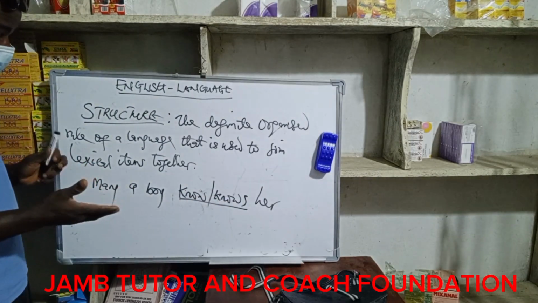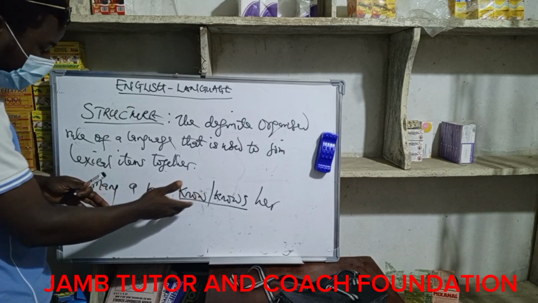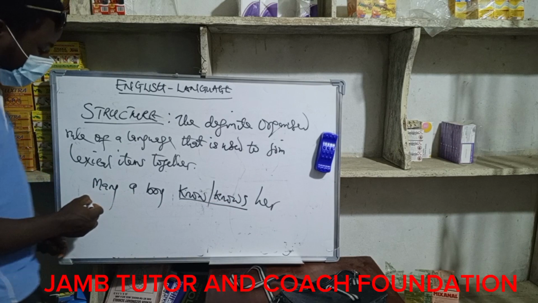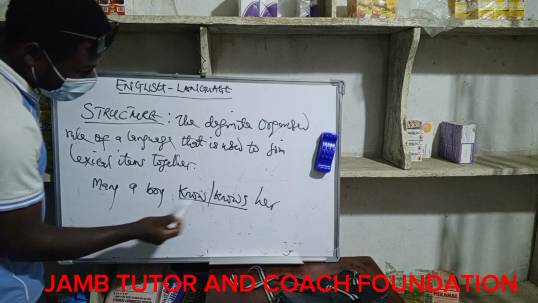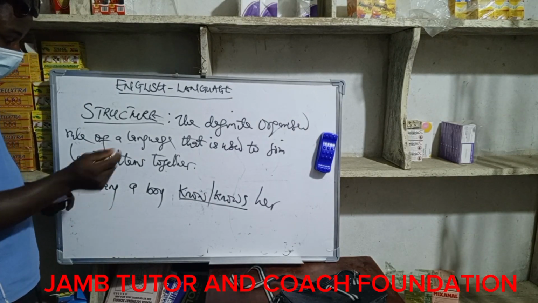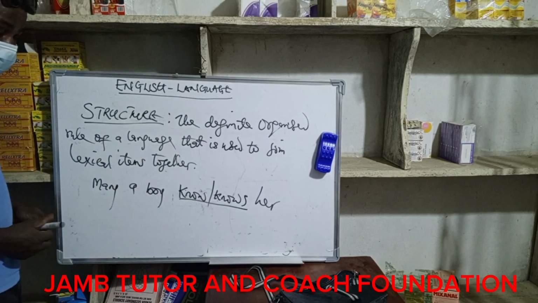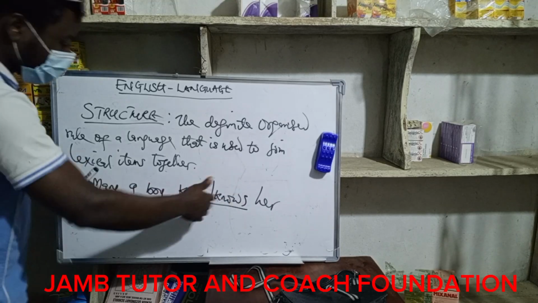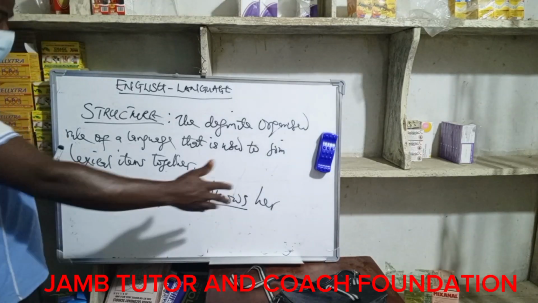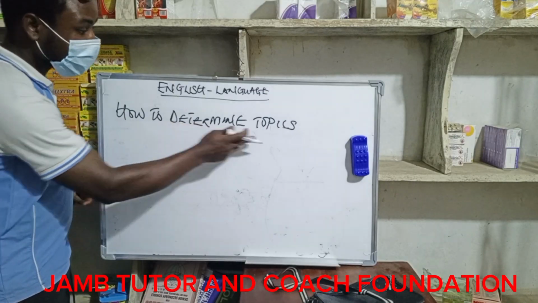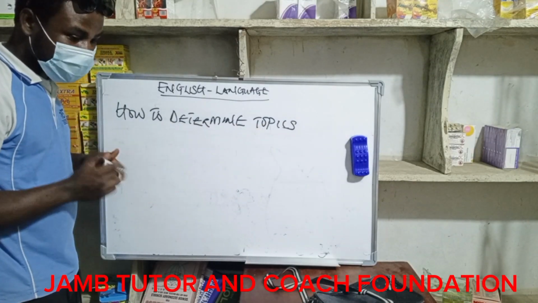So they are asking you if you know the rules to use here. If you would say many a boy know her, or you would rather say many a boy knows her. So there is no way you can get the answer to this question if you don't know the rules governing the arrangement or the combination of what? These lexical items.